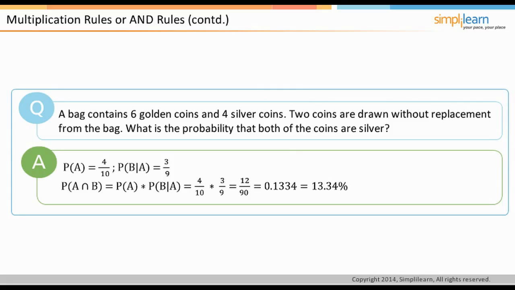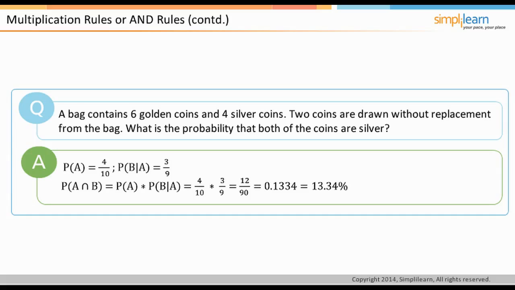A bag contains 6 golden coins and 4 silver coins. 2 coins are drawn without replacement from the bag. What is the probability that both of the coins are silver? Let A be the event that the first coin is silver, and B be the event that the second coin is silver. There are 10 coins in the bag, 4 of which are silver. Therefore, P of A equals 4 divided by 10.